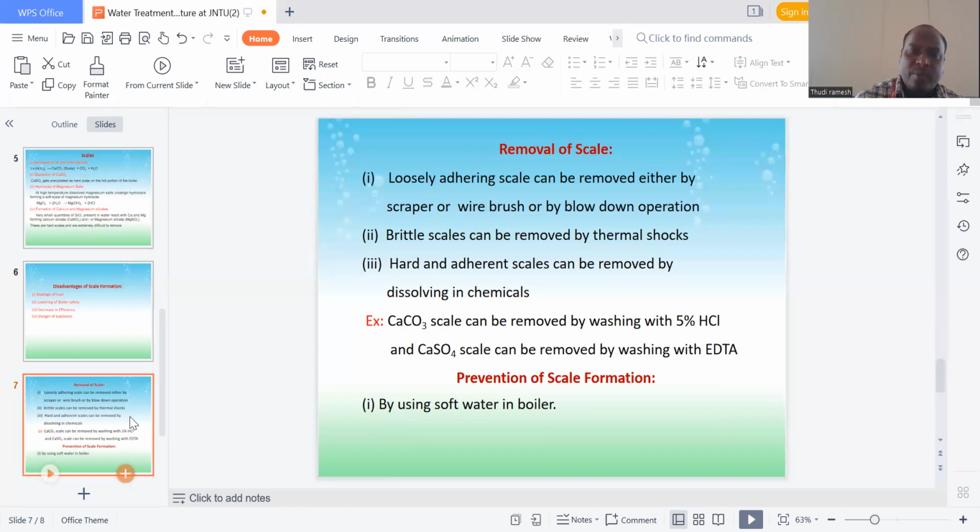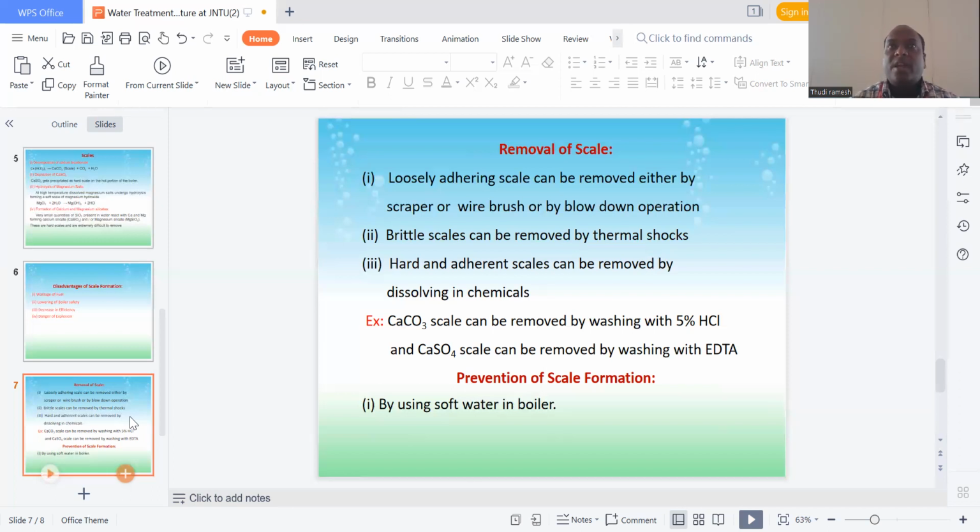If they are soft, then we can easily remove them by scrapers or brushes or by blow-down operation. Suppose the scales are brittle, then we can remove them by hammer shocks. So the soft scales we can remove by scrapers, wire brushes, or blow-down operation. If the scales are brittle, then we have to go for thermal shocks, right?